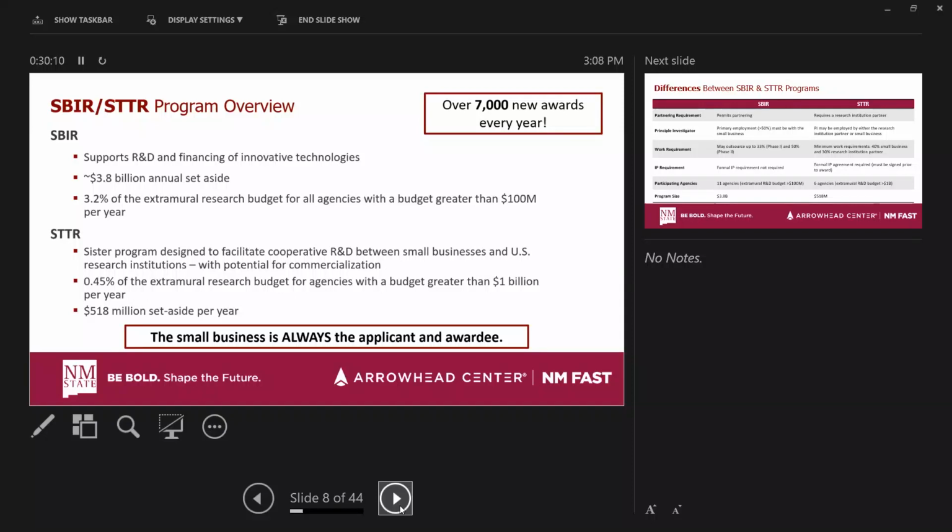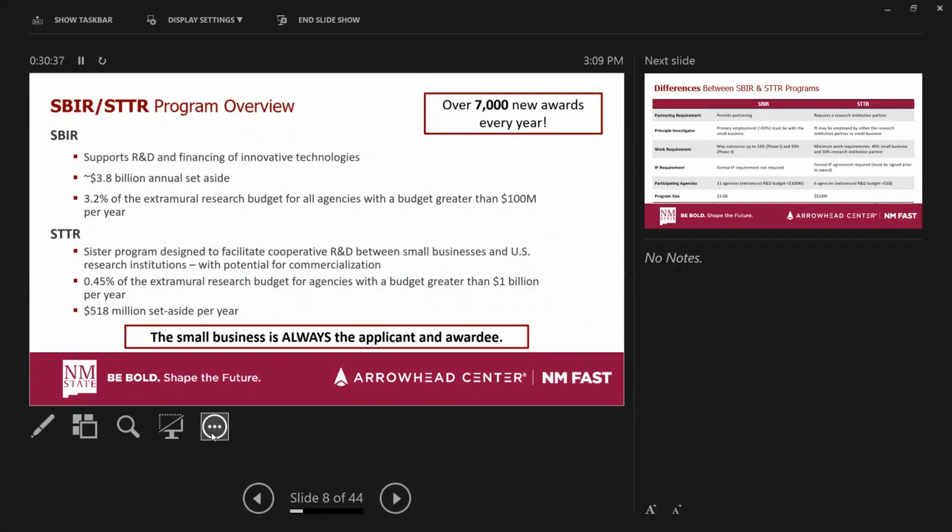So looking at the program broadly, SBIR and STTR, they both support R&D and financing of innovative technologies. For SBIR, it's about $3.8 billion each year. And the way they calculate that amount is it's 3.2% of the extramural research budget for all agencies with a budget greater than $100 million.